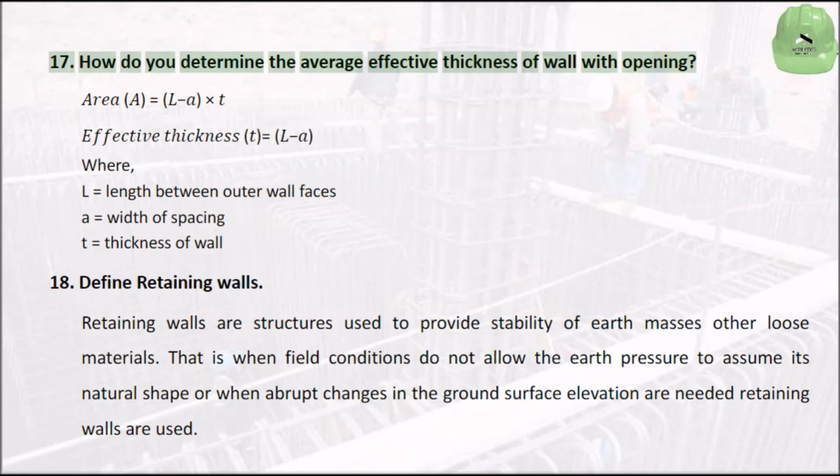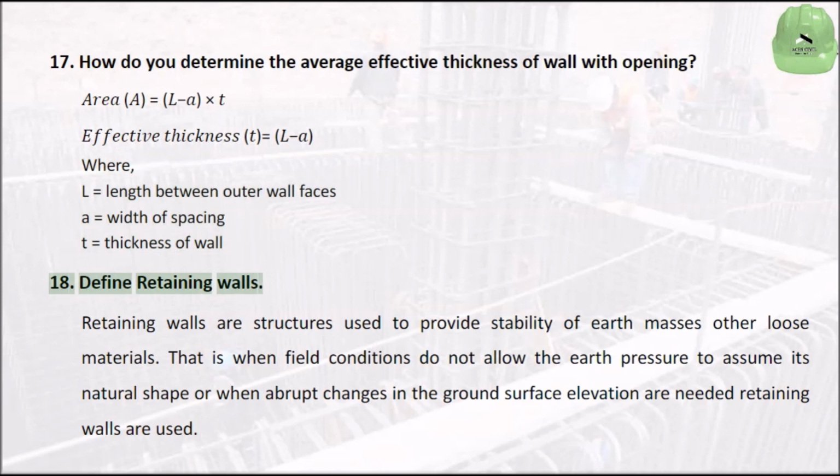How do you determine the average effective thickness of a wall with openings? Where L equals length between outer wall faces, A equals width of spacing, T equals thickness of wall.